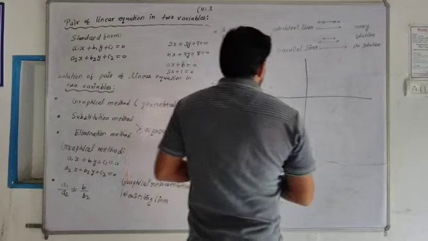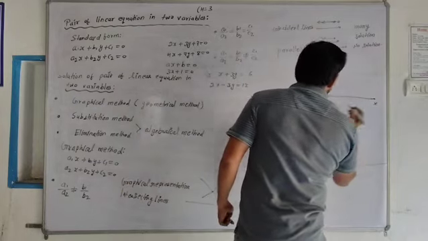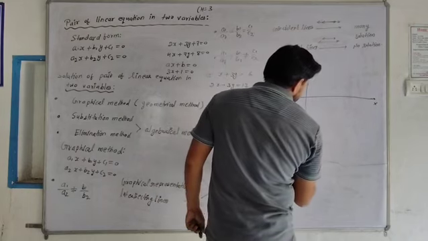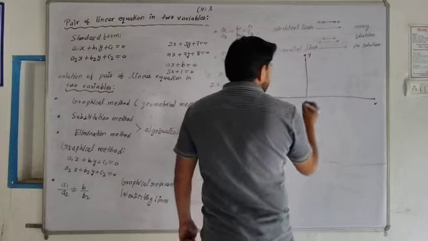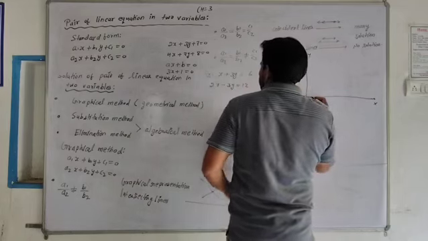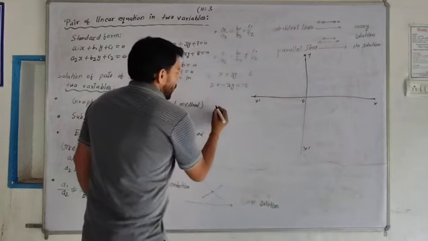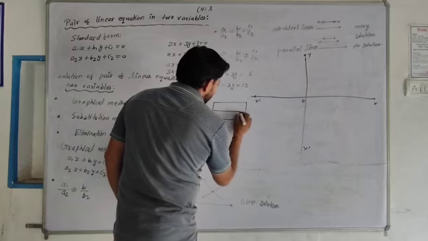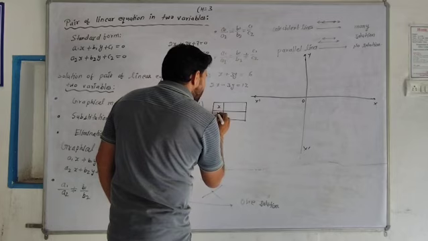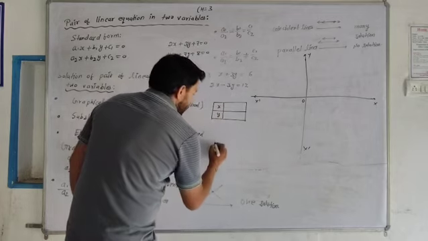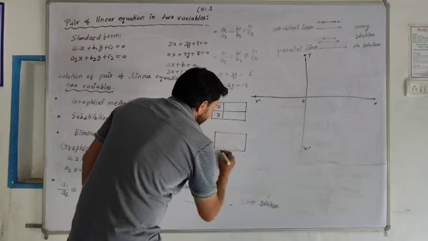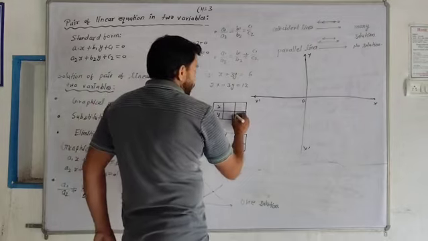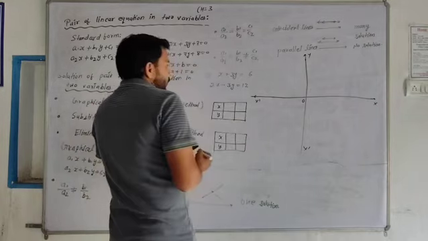Now here this is the x-axis. Okay, this is x dash, and this is y, and this one is y dash. Alright, this is the origin. Now we substitute. We make a box, one for a particular equation with x and y, and another box for the other equation. Taking values of x and y and solving the equation.